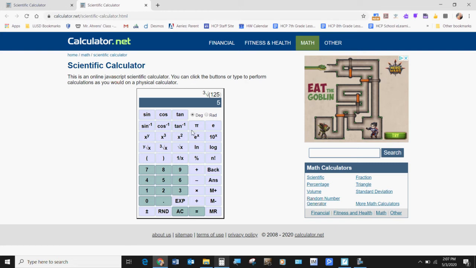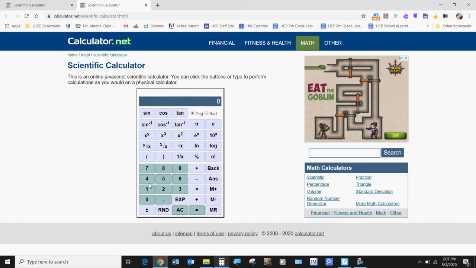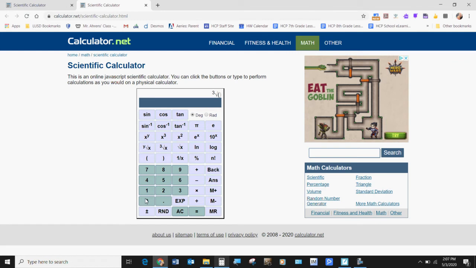And what was the cube root of 1,000? I bet the answer is going to be 10. And there it is. Okay, so just search it, or you could type in this address right there, save it for if you don't have a calculator that works, use this one. It'll be just fine for finding cube roots.